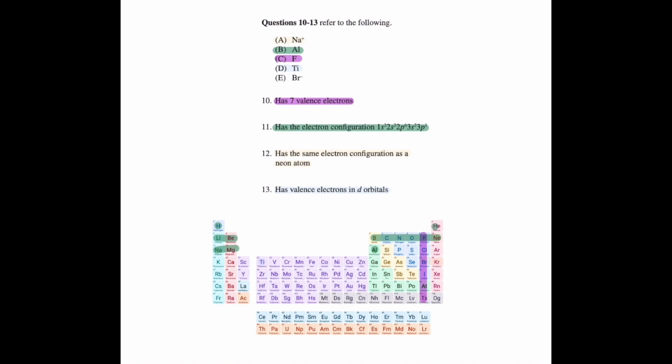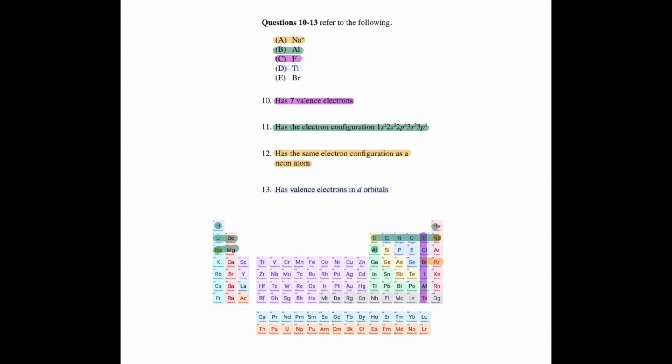Next, we want to know which has the same electron configuration as a neon atom. So for neon, we see that it's going to be an ion, and so our options are Br minus or Na plus. For Br minus, we see that would be chemically equivalent to krypton. And then the sodium ion, we're losing an electron, and that would become chemically equivalent to neon.